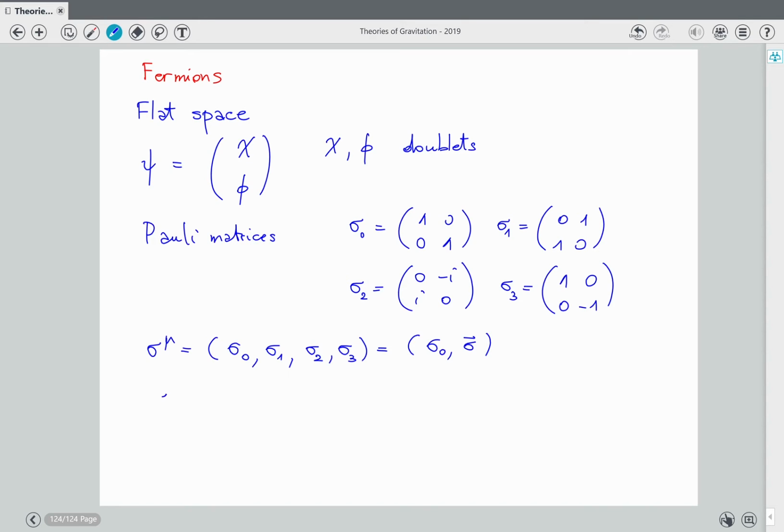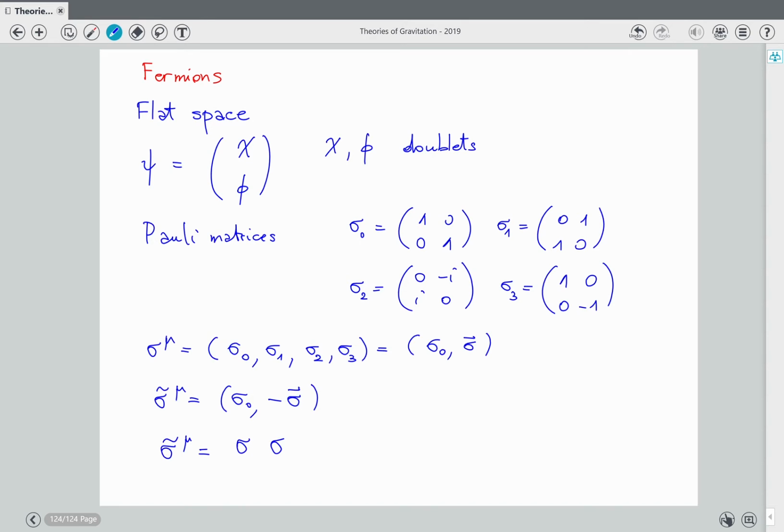Then we define sigma tilde mu equal to sigma 0 minus sigma vector. And the property of the sigma tilde is that they can be obtained as follows.